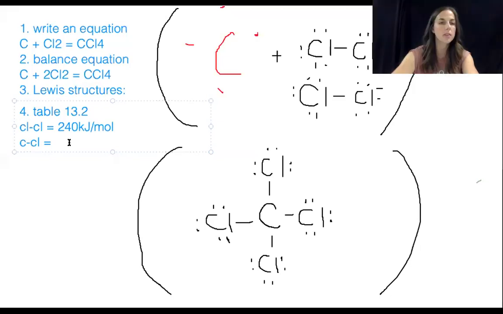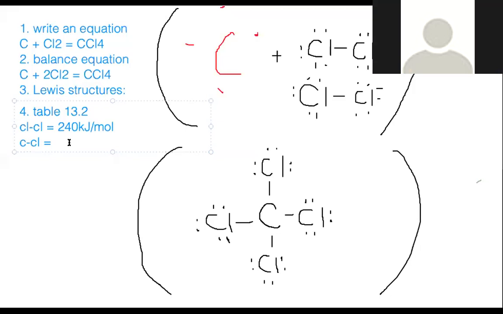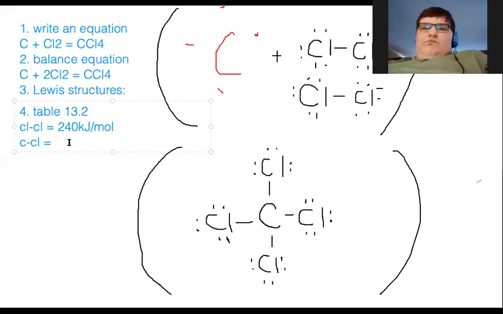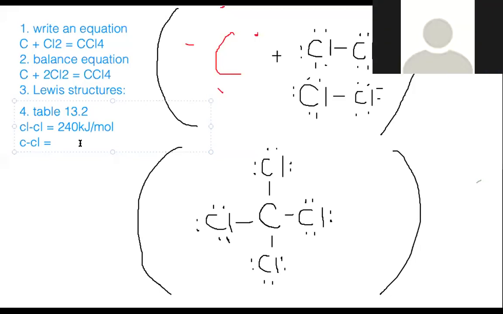Carbon to chlorine. I don't see a carbon. Oh, no, I do. 327. There you go.